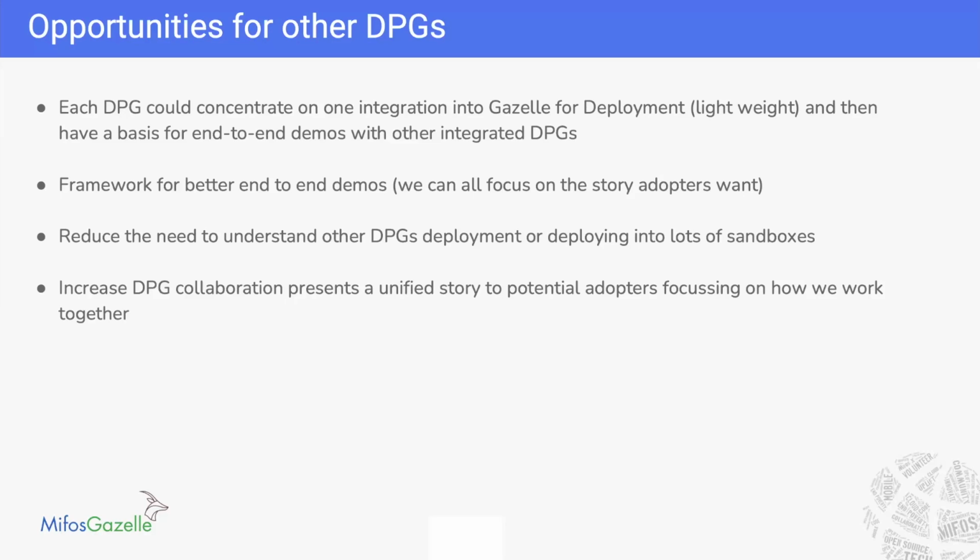That's just one example. But the other opportunities are if you have a DPG, if you have software, similarly, I care about Mifos and Payment Hub EE, the stable of products from Mifos.